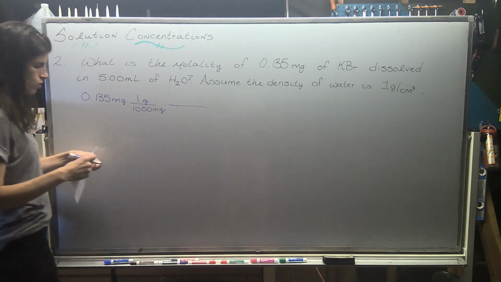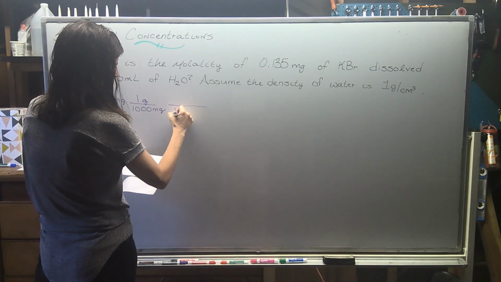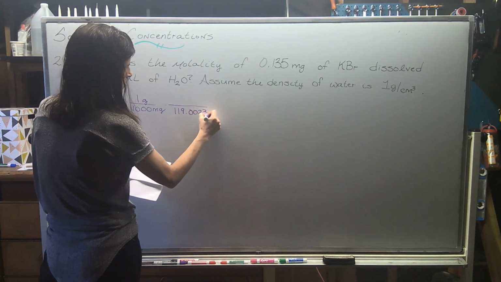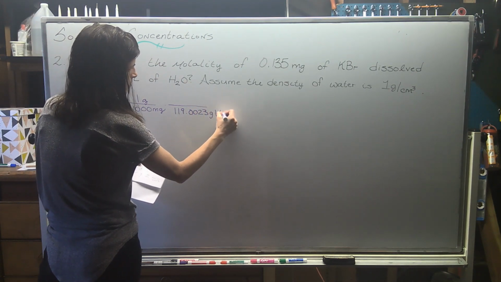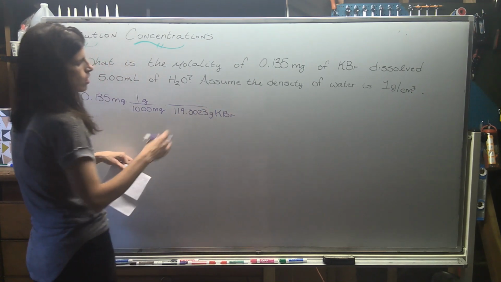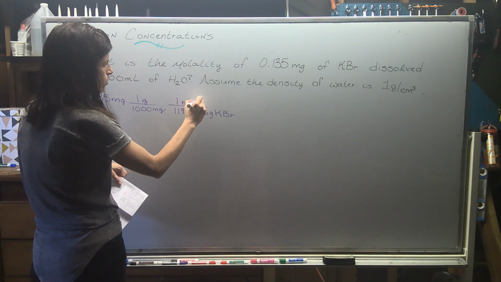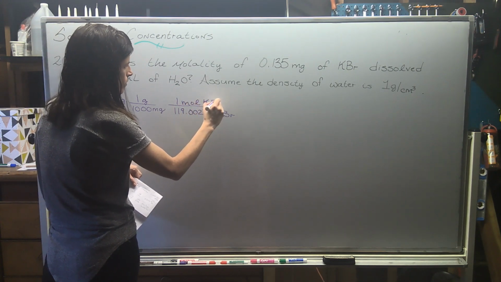And then I'm going to use the molar mass. 119.0023 grams of potassium bromide. That's the molar mass. I just got it from the periodic table. And then that's going to be per 1 mole of potassium bromide.